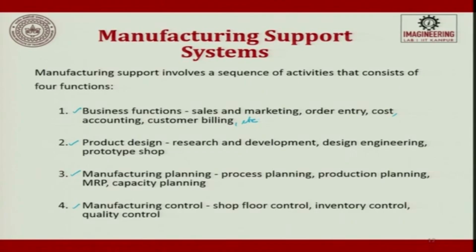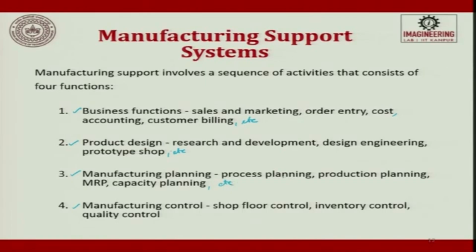Product design is nothing but research and development, design engineering, prototyping shop and etc. That means many more things are part of product design. Then when we talk about manufacturing planning, it is process planning, production planning, you have material resource planning, capacity planning and again etc.